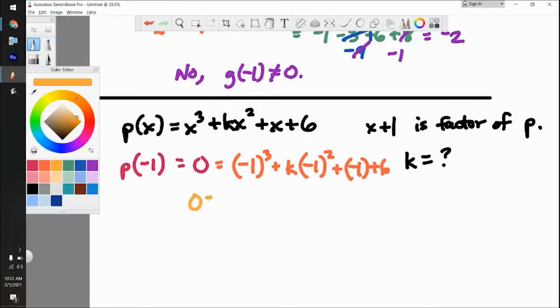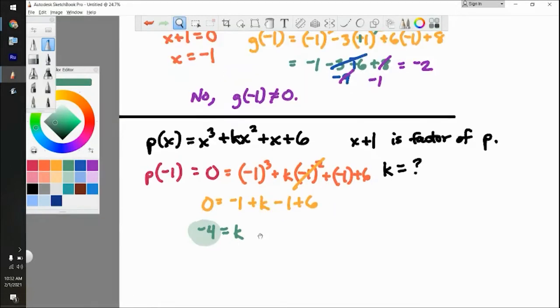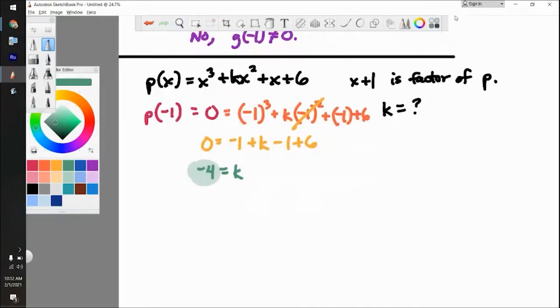So this is going to be 0 is equal to -1 plus k plus 1, -1 plus 6. We add the 1 and the other 1 to be 2, and then subtract the 6, so you should get -4 is equal to k. That is the answer for this one, because you're solving for k, so k is equal to -4.